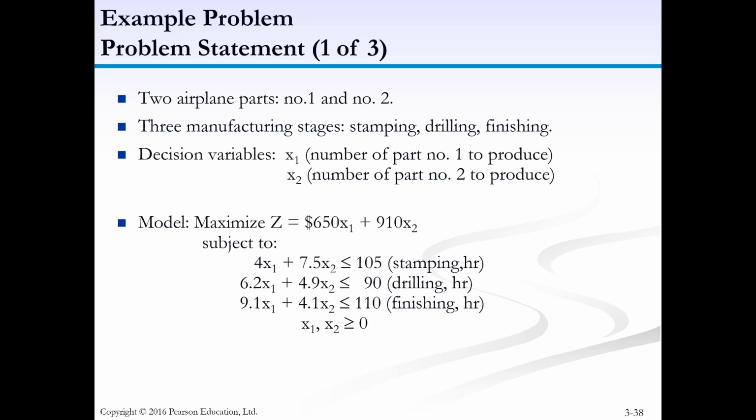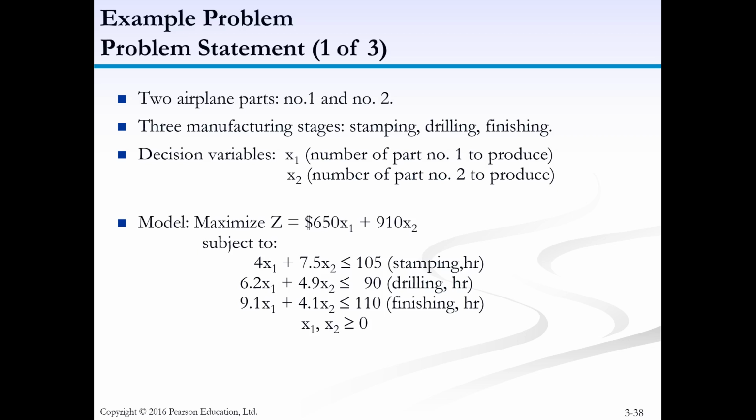The decision variables are x1, the number of parts of number 1 to produce, and x2, the number of parts of number 2 to produce. The model is maximize z equals 650 x1 plus 910 x2. This is the profit for each part, and then subject to 3 constraints: stamping hours, drilling hours, and finishing hours. And these constraints are given, and of course the non-negativity constraint is there.